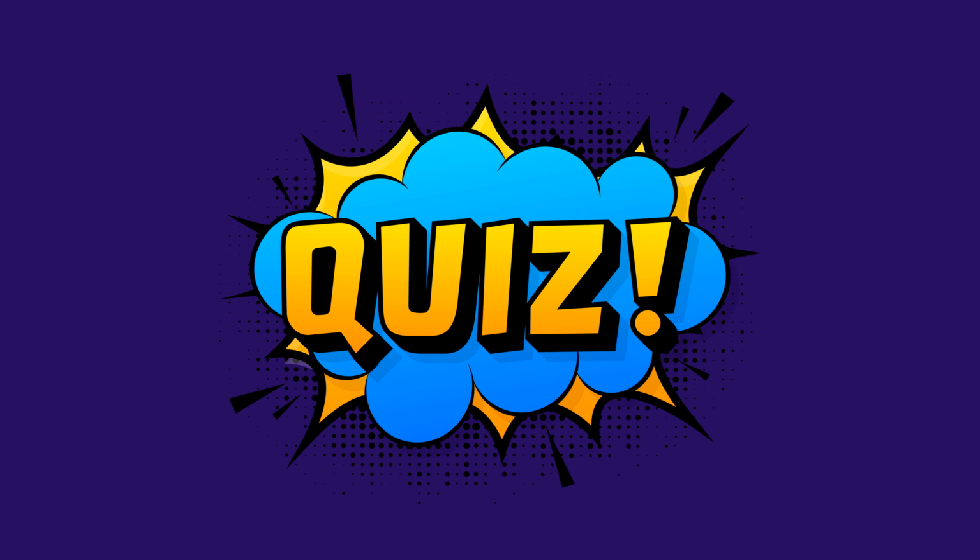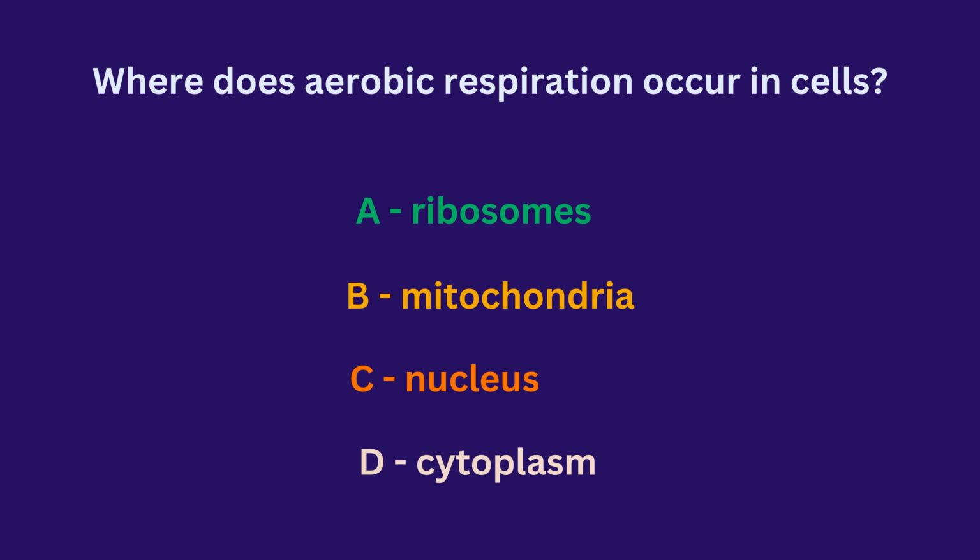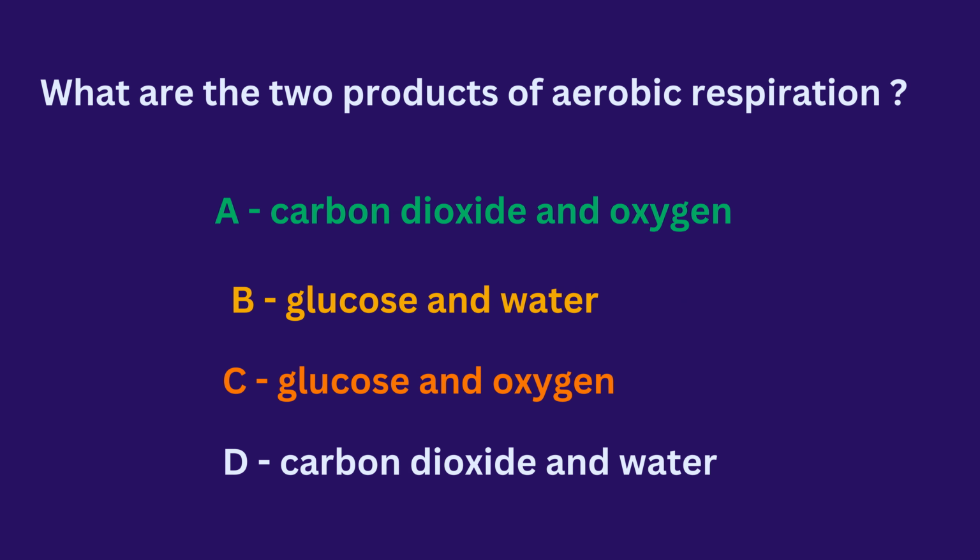It is quiz time. Let us check our knowledge on what we have learned so far. Where does aerobic respiration occur in cells? The answer is mitochondria. What are the two products of aerobic respiration? The answer is carbon dioxide and water.